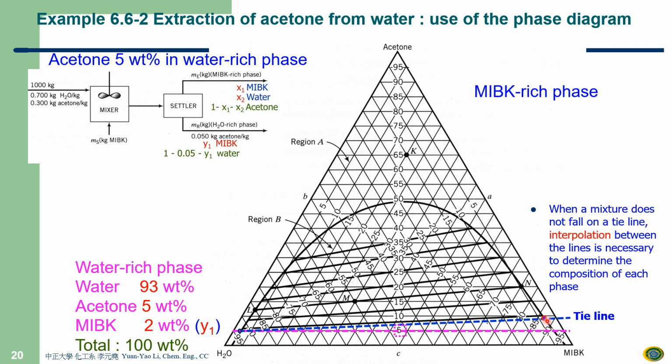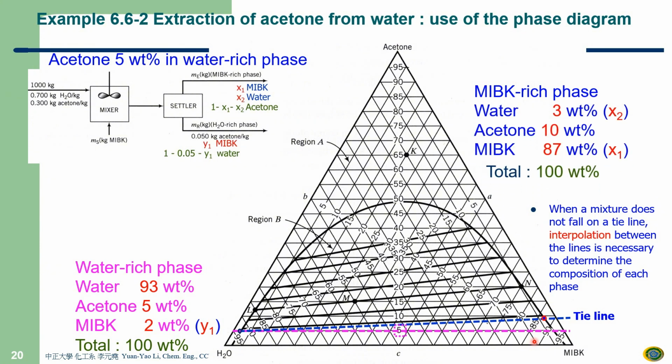How about acetone? Acetone will be between 10 and 5, very close to 10, let's say 8 or 9. And the rest, MIBK, will be between 85 and 90. Let's say 86, something like this. It's very close anyway.